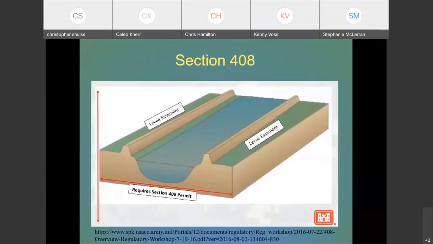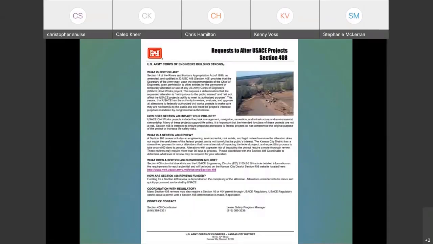Here's just an example of a typical leveed system, maybe on the Missouri River or the Mississippi River. Even if you are not occupying or impacting the levee itself or the channel, there could be a levee safety review required, and we need to get verification from them that the project is good to go, even if there are no direct impacts.